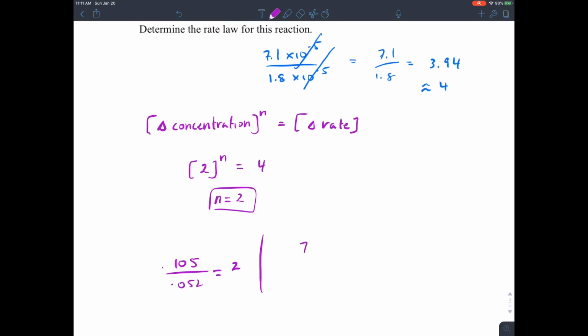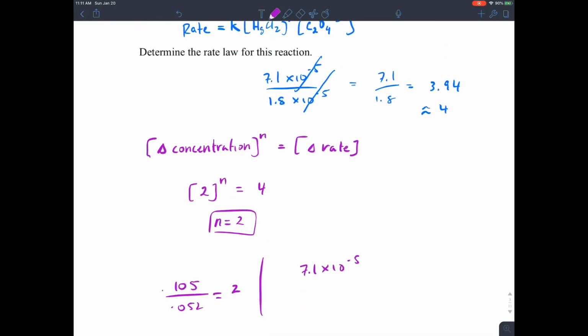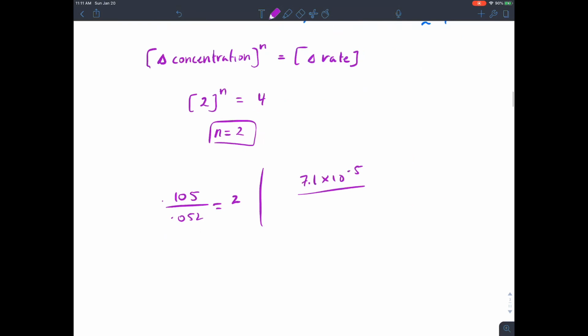Now let's look at our rate. So 7.1 times 10 to the negative 5 over 3.5 times 10 to the negative 5. Like I said before, the times 10 to the negative 5 will cancel. So all I'm left with is 7.1 divided by 3.5, and the number I get there is 2.02, which for all intents and purposes is the number 2.